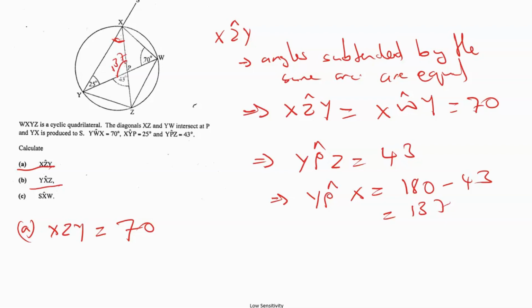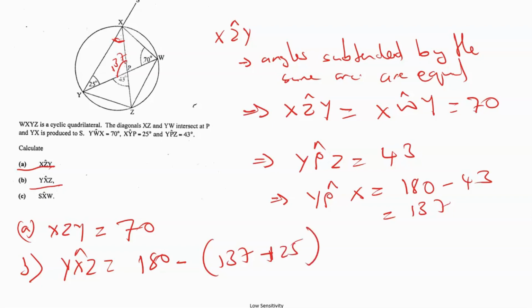So now we just have a triangle. We now know how to get YXZ, because the total of the angles of a triangle is equal to 180. So it's 180 minus 137 minus, in this case it's actually plus 25.